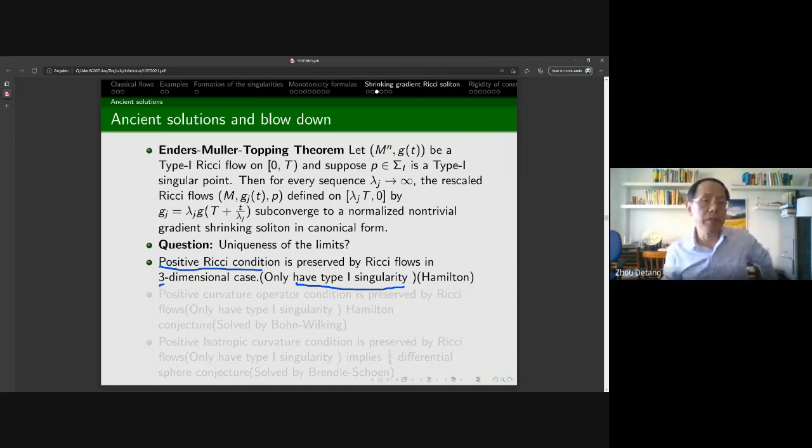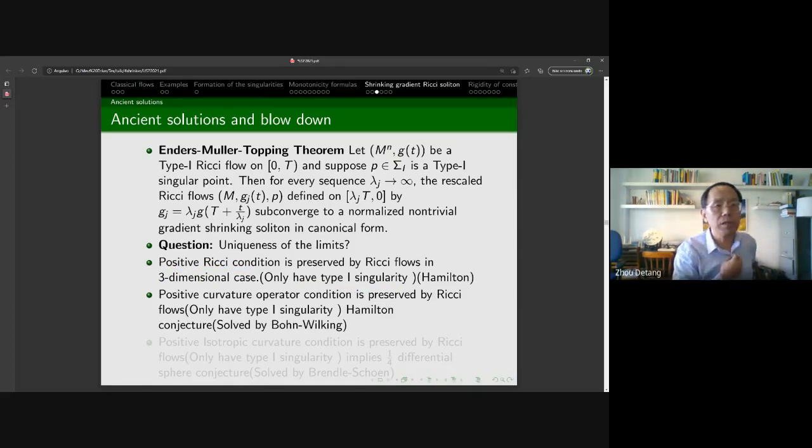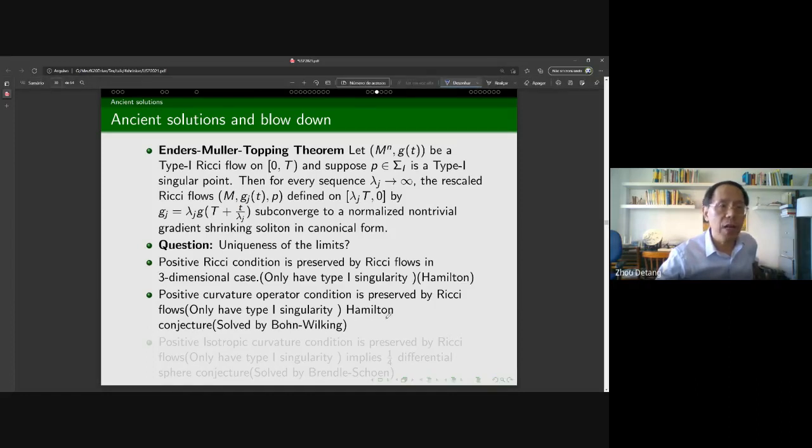The curvature condition preserved by Ricci flow is a very interesting thing. I just mention some results here. For example, the positive curvature operator condition is preserved by Ricci flow. So that also means you only have type 1 singularity, which was proved by Hamilton in the 4-dimensional case. And it was a Hamilton conjecture for any dimension, which was solved by Böhm and Wilking.